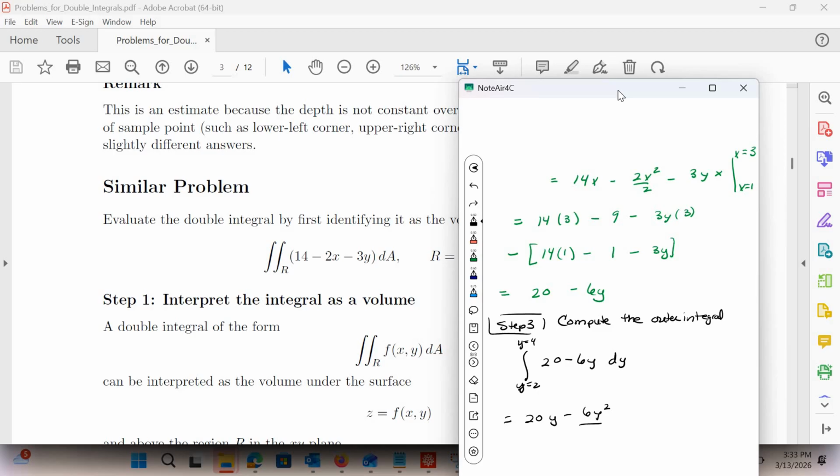It's Friday afternoon. The arithmetic got a little bit harder. You guys can figure it out.